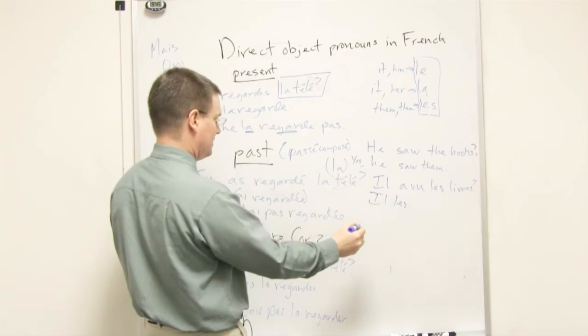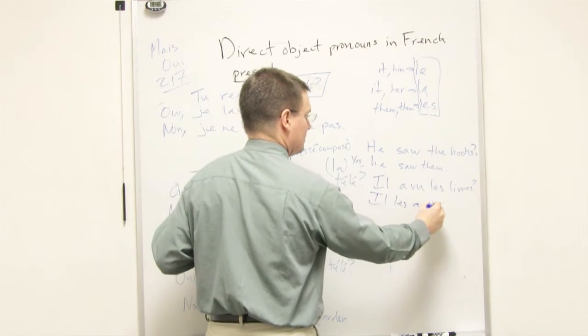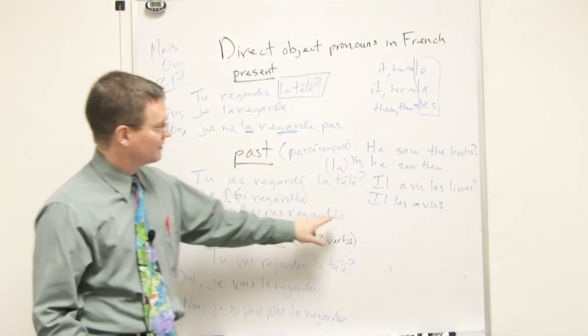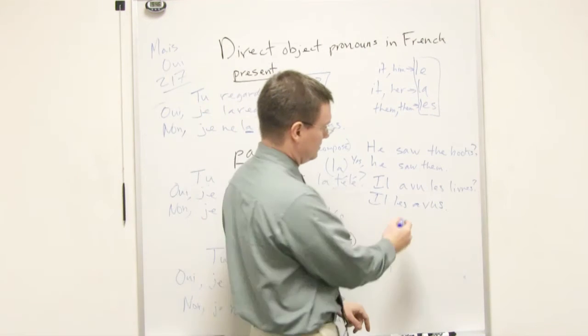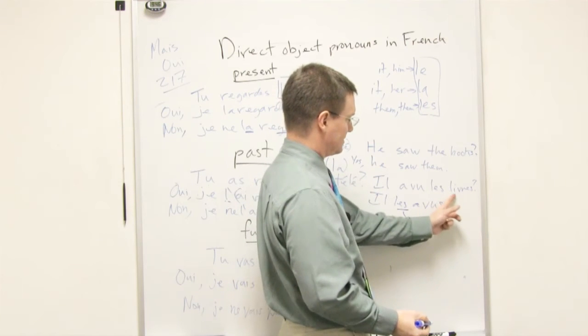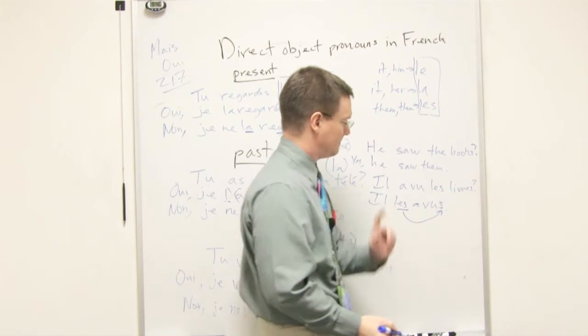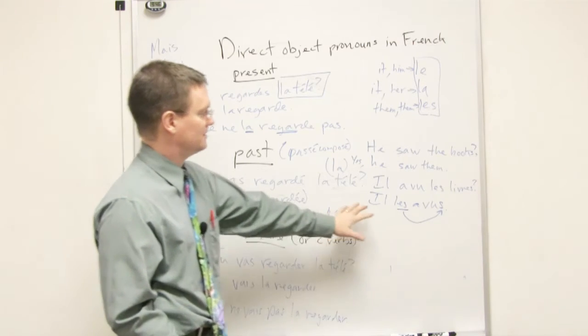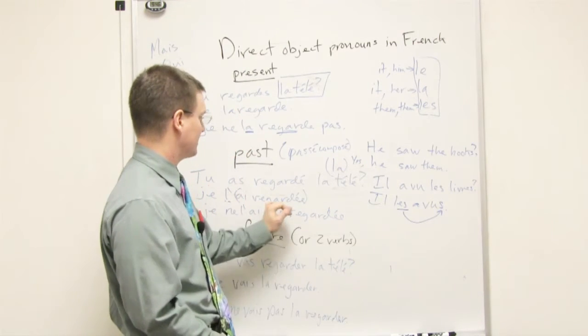We have our object here. Then we have to conjugate our verb. Il les a vus. Notice he saw them. Notice this agrees in gender and number. So here this is masculine plural. So we have to add an s right here. So notice, il les a vus is very similar to je les regardais.